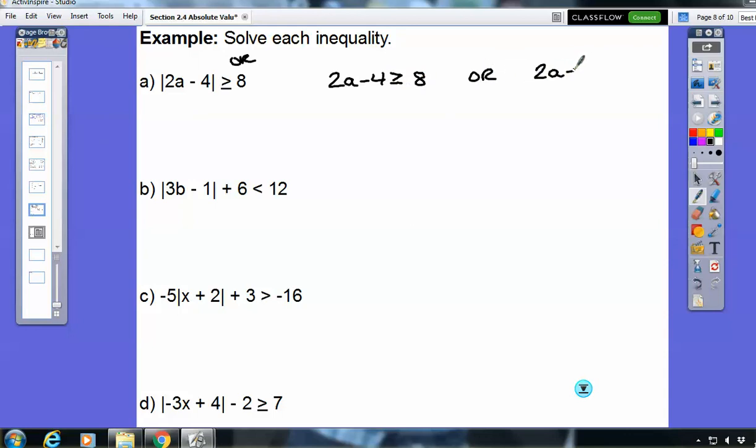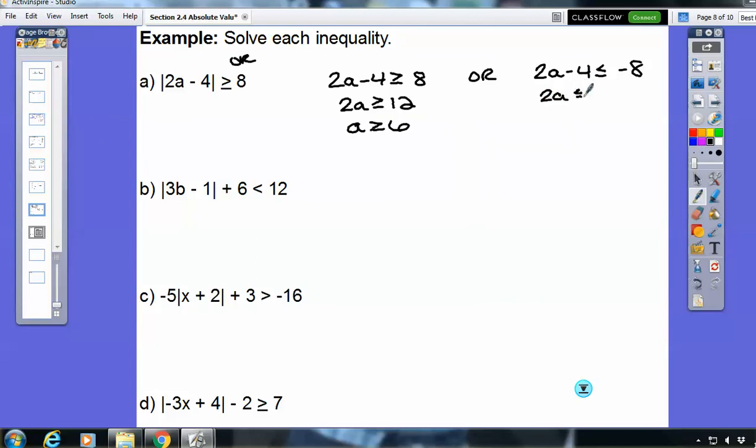For the second one, you flip the inequality and make it a negative. Divide by 2, so a is greater than or equal to 6.